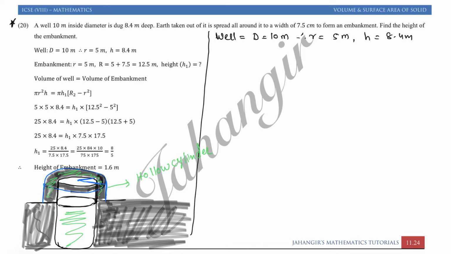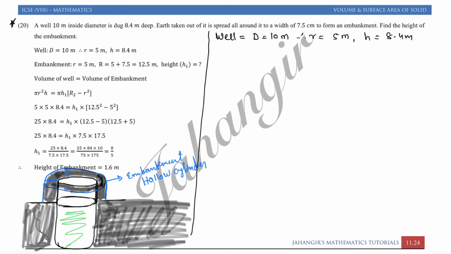So the thickness of the embankment is 7.5. Thickness means this part. This is the thickness and this is the embankment. Let me write embankment. An embankment is always a hollow cylinder.